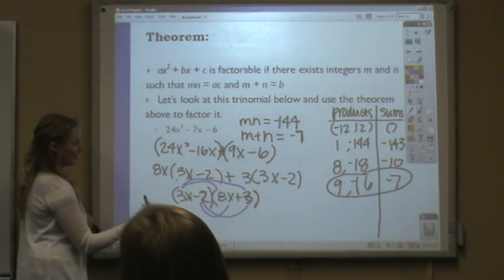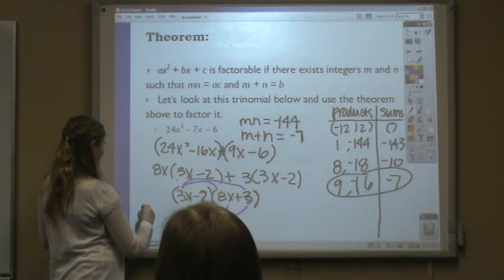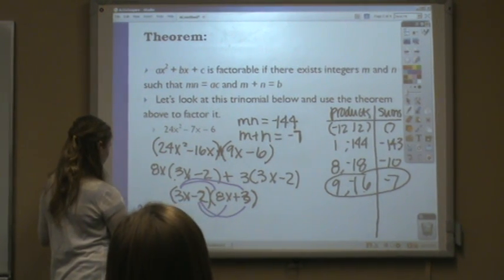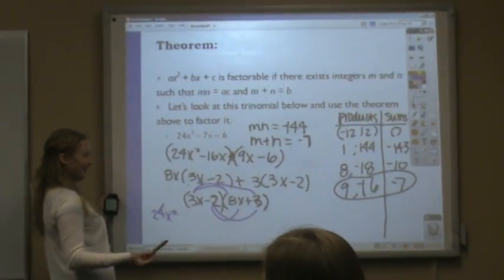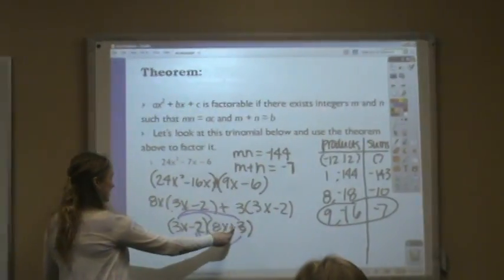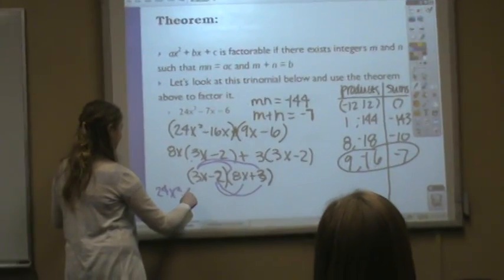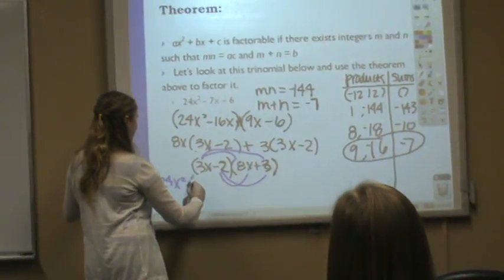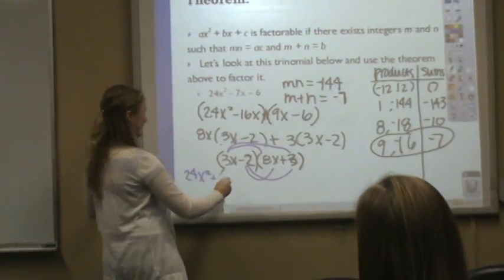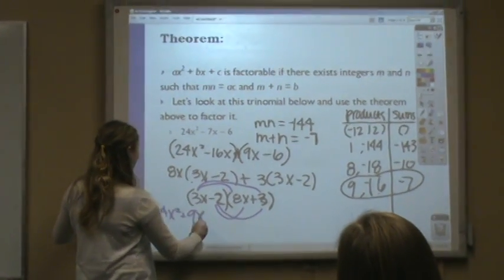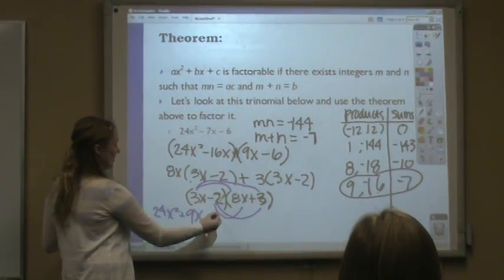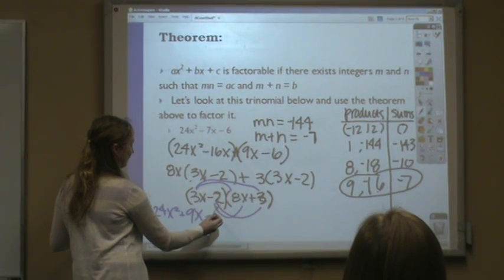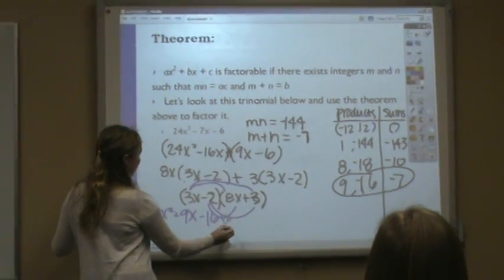Okay, so what's 3x times 8x? 24x squared. Look, that's the same as the first term. Oh my gosh! And what about 3x times 3? That's 9x. And then we're taking our negative 2 times the 8x is minus 16.